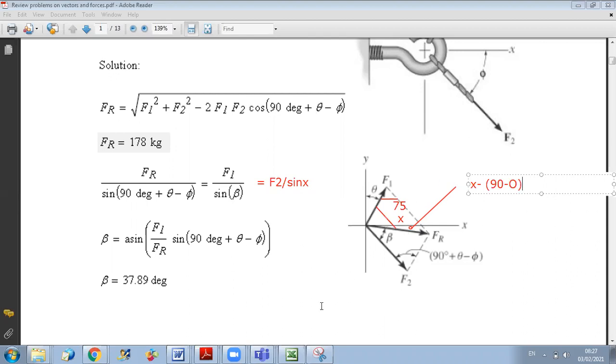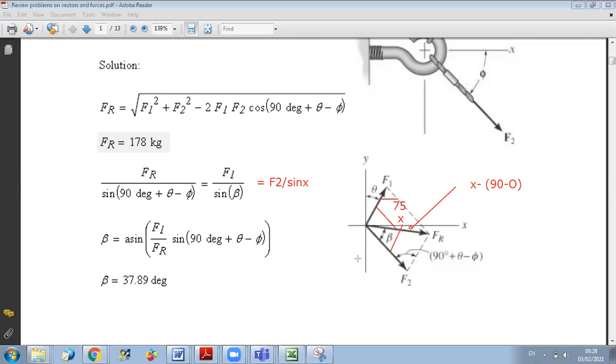Another way, if you want, is to do it from the other side. So if I consider this small angle beta, the other strategy is to calculate, if I am able to calculate beta and I know this angle here, why do I know it?